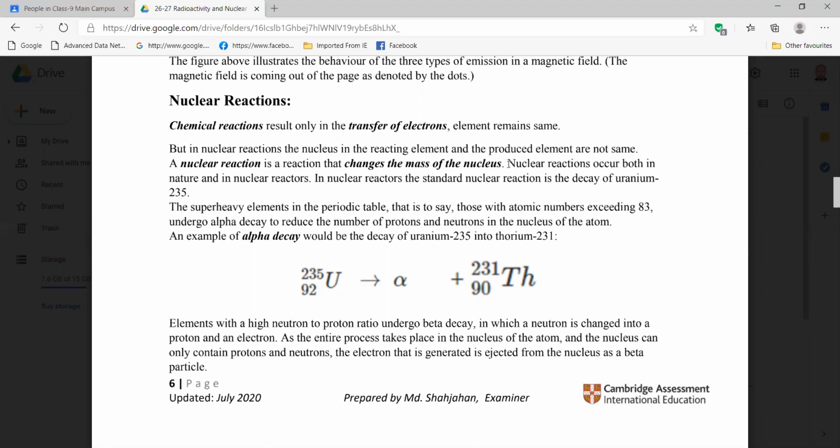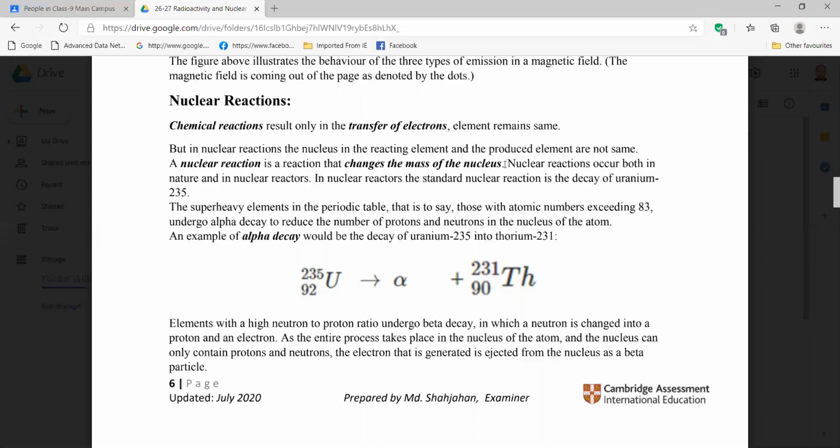Nuclear reactions occur both in nature and in nuclear reactors. Chemical reactions result only in the transfer of electrons. The element remains the same. But in nuclear reactions, the nucleus in a reacting element and the produced element are not the same. A nuclear reaction is a reaction that changes the mass of the nucleus.